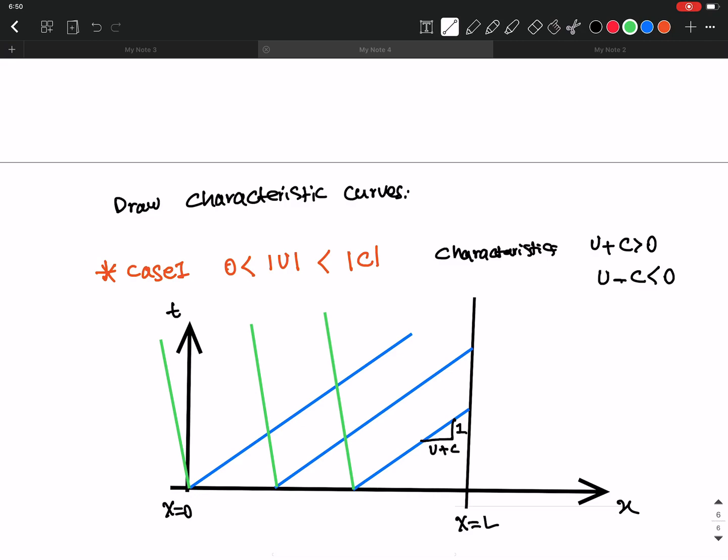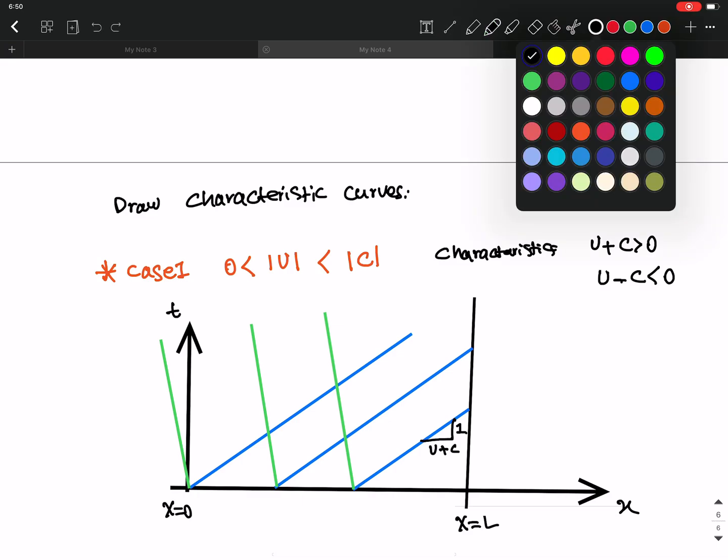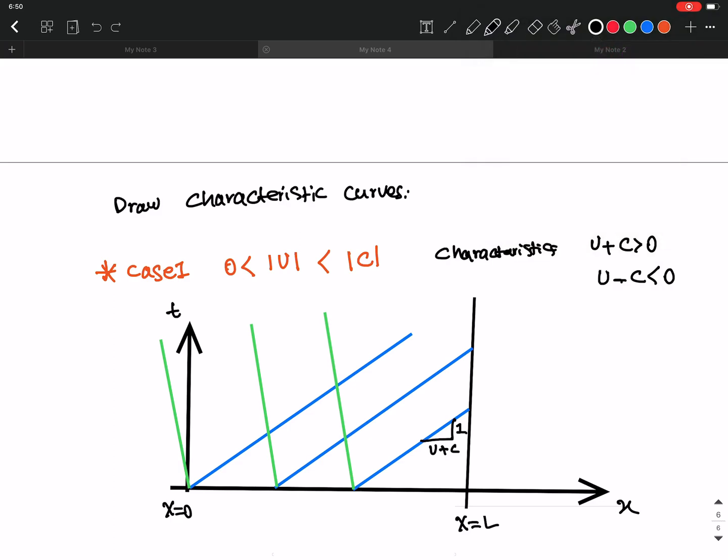Okay, and this characteristic, let me write it down here.